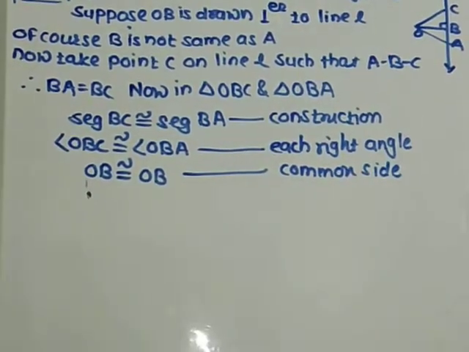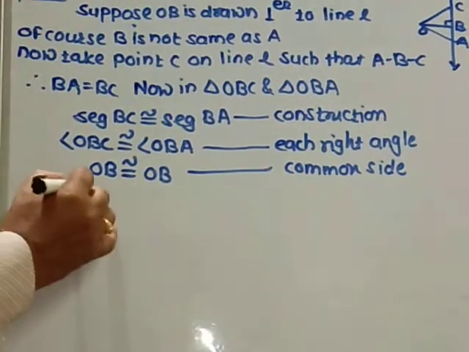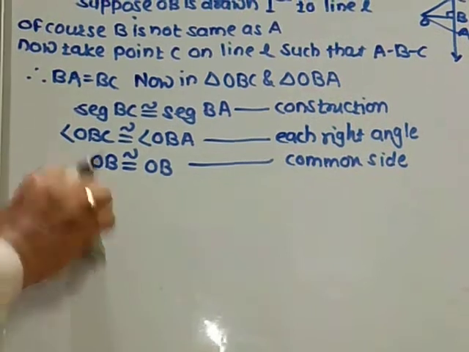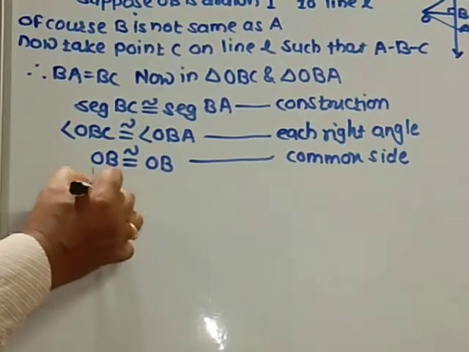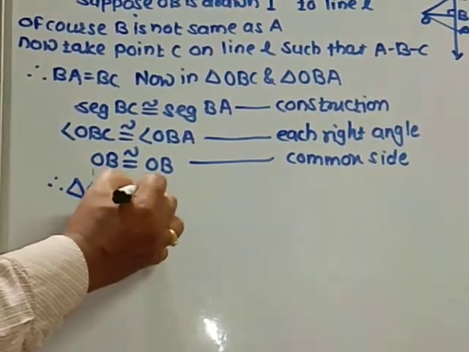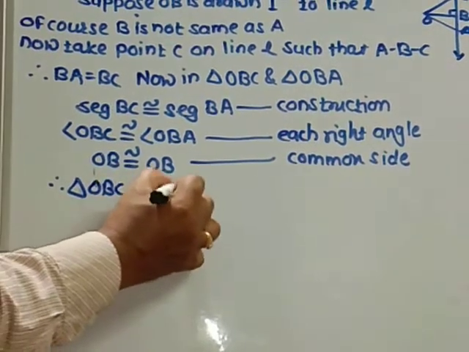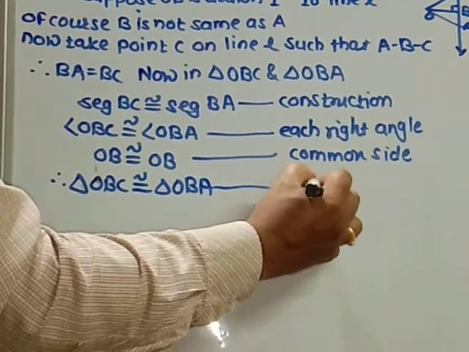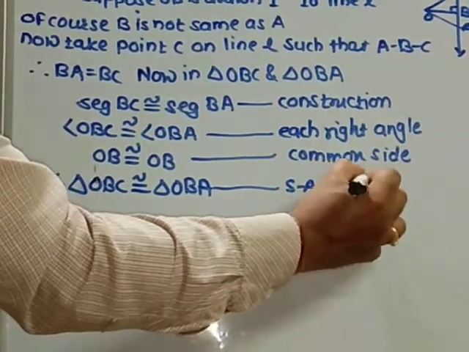Therefore triangle OBC is congruent to triangle OBA by the SAS test.